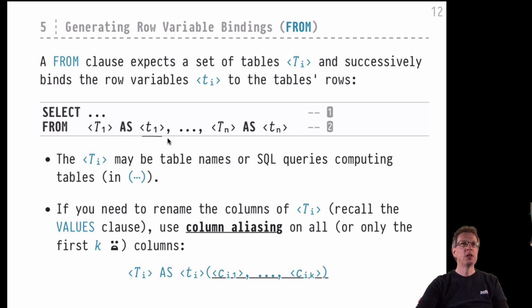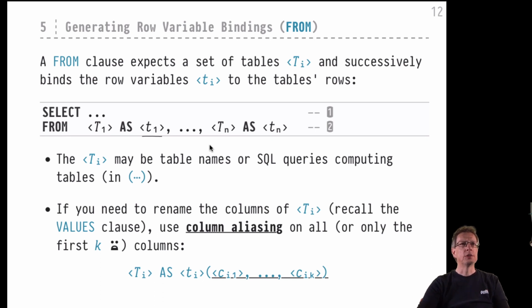And you can see these n tables and their row variables are separated in a comma separated list. These are tables, and of course these may be named tables that we are storing in our database, but they might as well be values clauses as long as we enclose them in parentheses, as I told you. And we will see that in an example shortly.